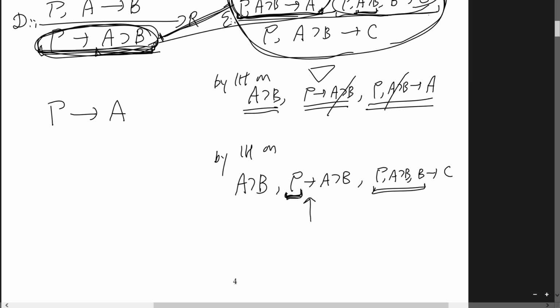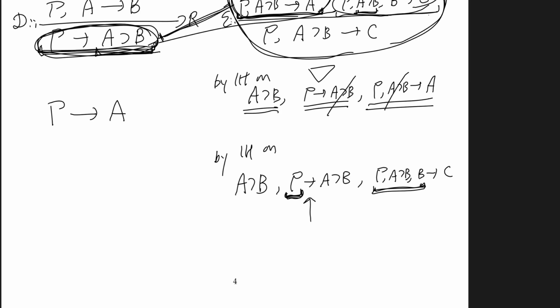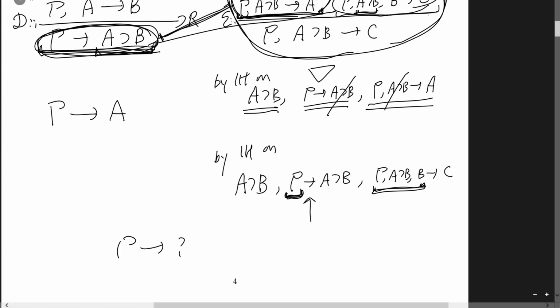Here we have gamma. Here we have gamma, B. So it doesn't match the pattern that is expected in the application of the admissibility of cut rule. We have something like gamma arrow some stuff, and gamma, actually this is a cut formula.